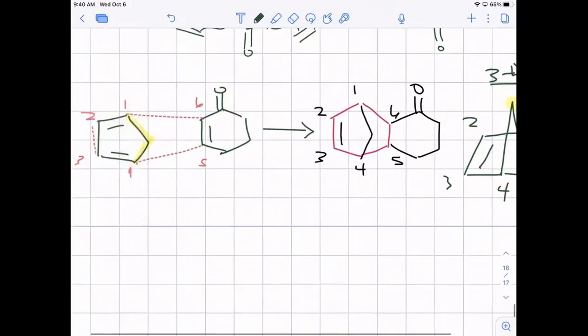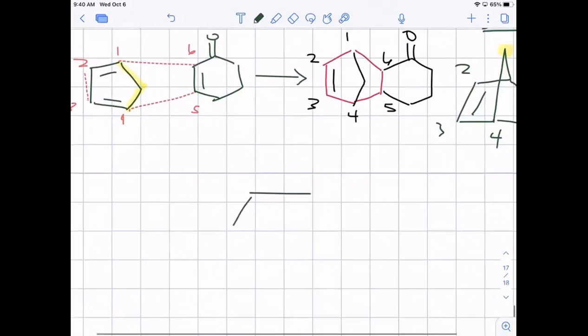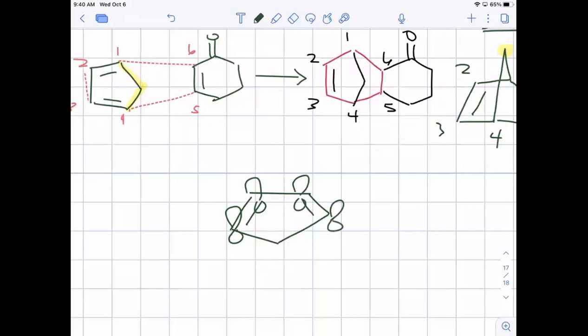Right, you think about the transition state. I'll put it on this page. It's going to look something like this, right? Where this is the HOMO of my diene, and then this is the dienophile, right?